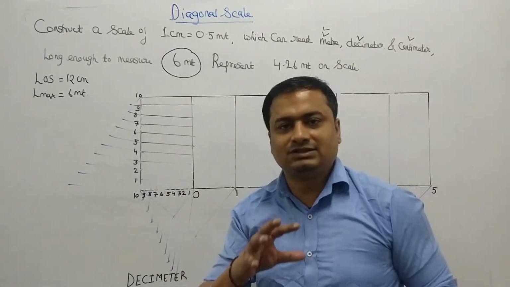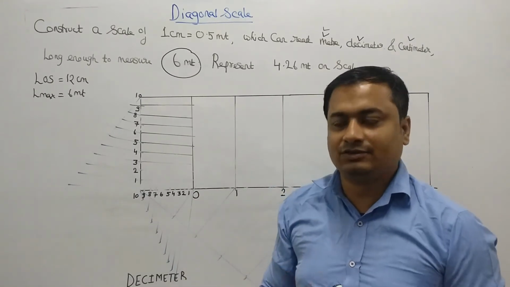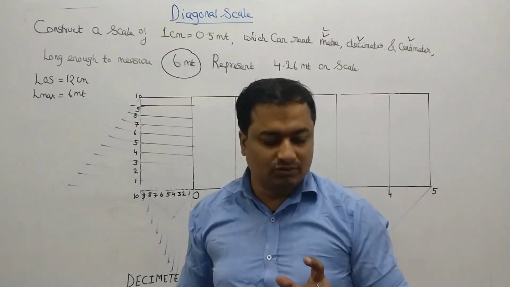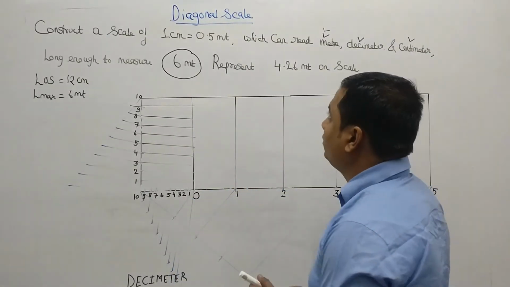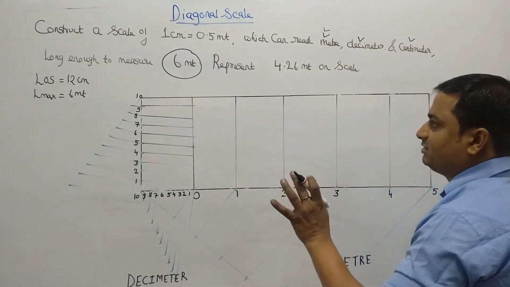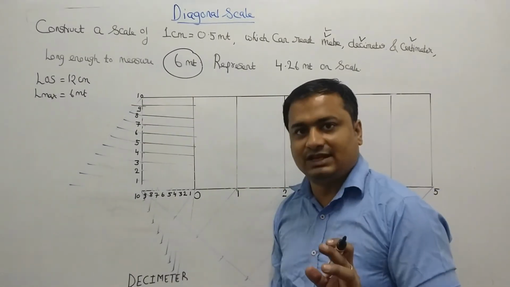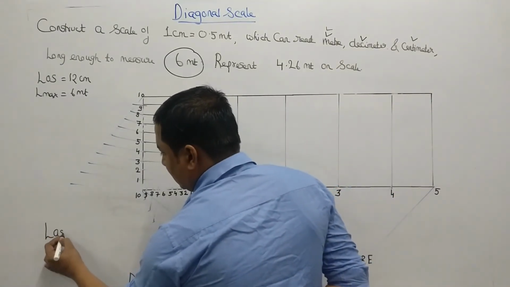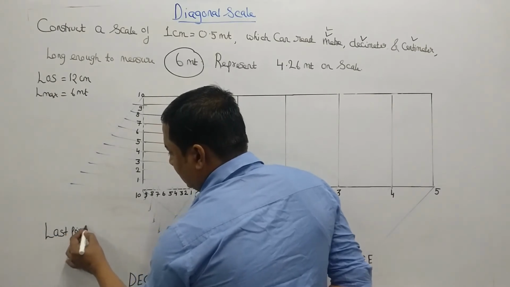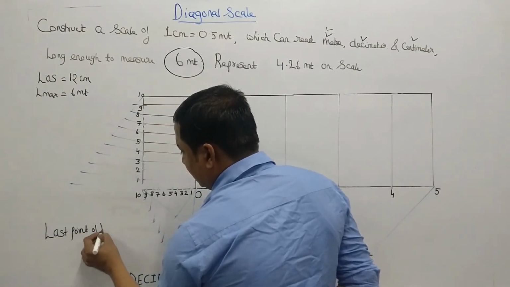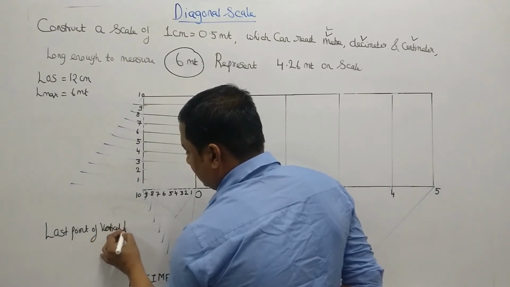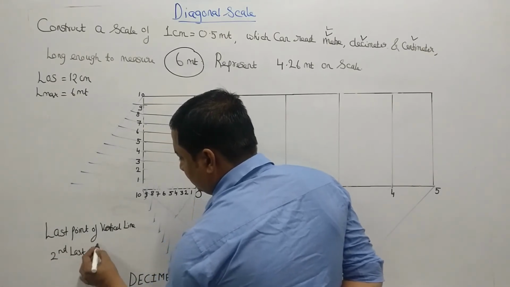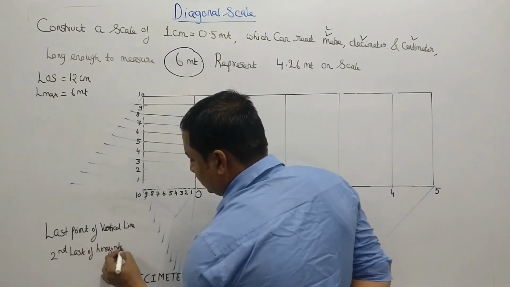Now coming to the main step, the main step of the diagonal scale. Now we have to apply the principle of diagonal scale. The principle of diagonal scale says that you have to join the last point or last division of the vertical line to the second last of the horizontal line.